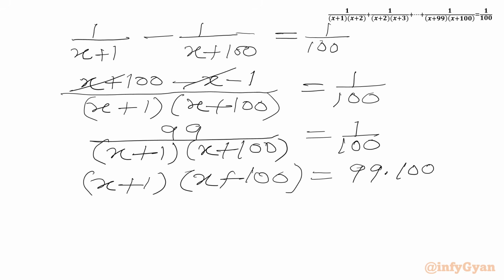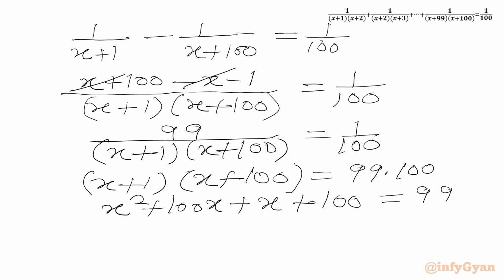Now we will expand LHS. We'll write x square plus 100x plus 1x plus 1 times 100 is 100 equal to 9900. Or we'll write our equation x square plus 100 plus 1x, so 101x.